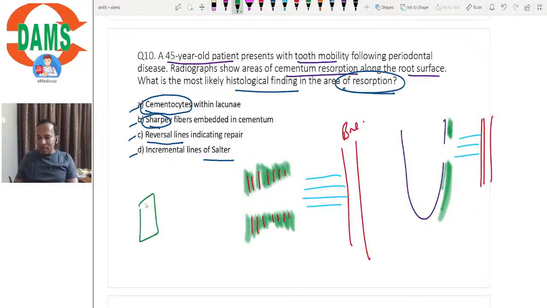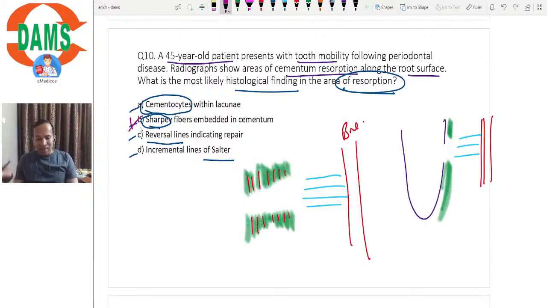This is the cementum, and any fiber embedded within the cementum is Sharpey's fiber, but there is no cementum. So where does the Sharpey's fiber embedded in cementum come from? It won't be seen, isn't it? There is nothing like that. When the cementum is not there, the fiber inside the cementum is also resorbed, isn't it? So option B is also incorrect.